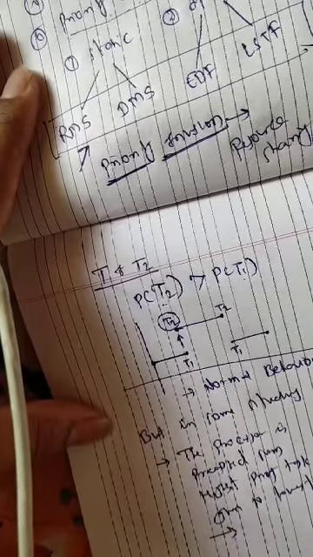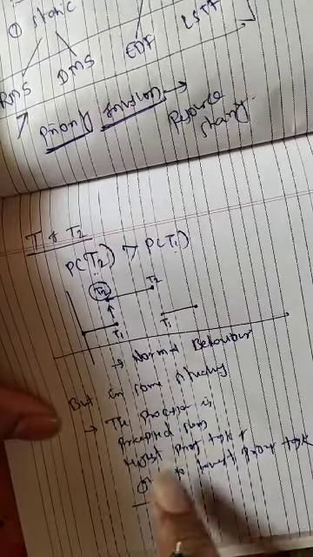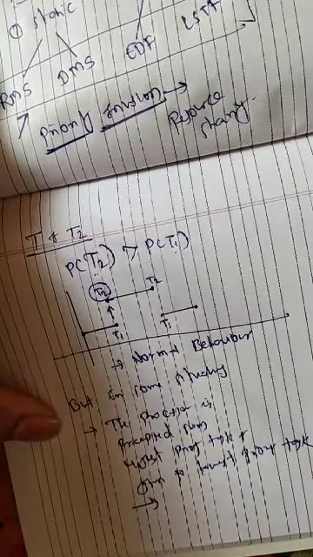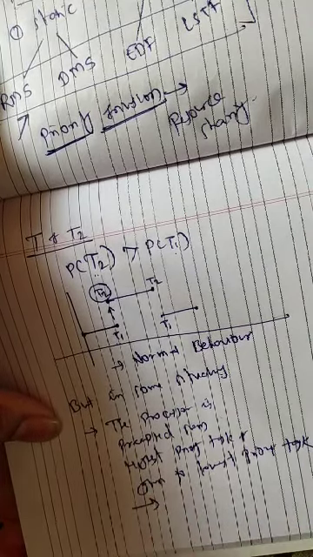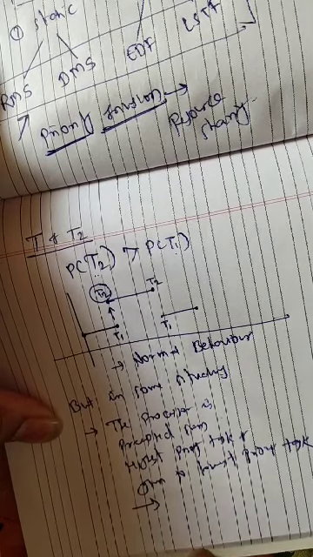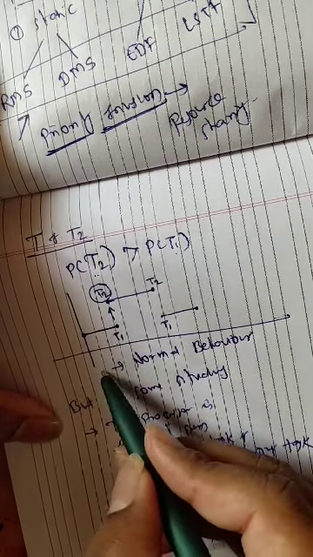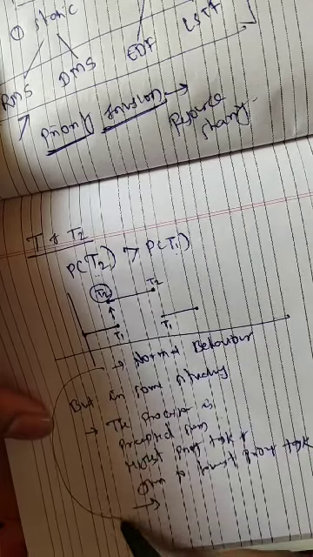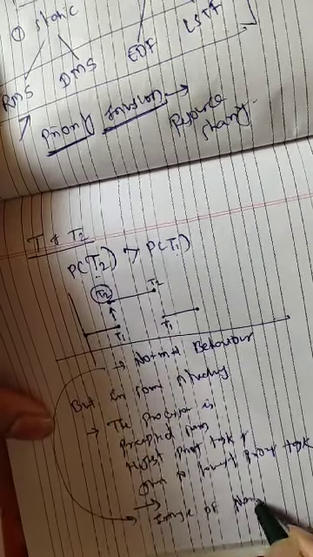Such behavior of the system is called priority inversion. That is, the lowest priority task executes first and after that the highest priority task gets executed. It is the inverse of the normal behavior.